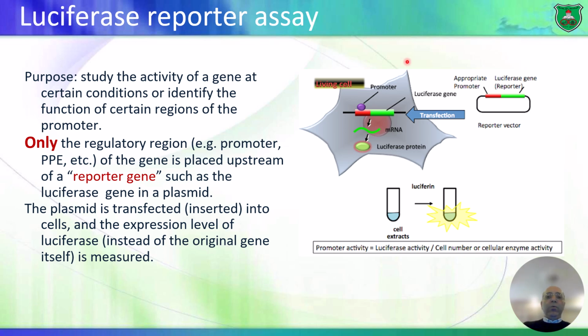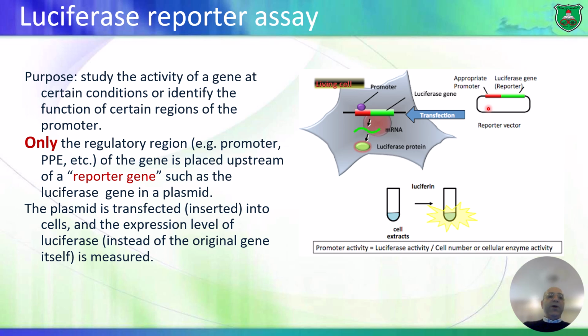Okay, now we can place these cells under different conditions. Okay, and we can then study the expression of the luciferase gene, which is under the control of the promoter of interest, under these conditions.